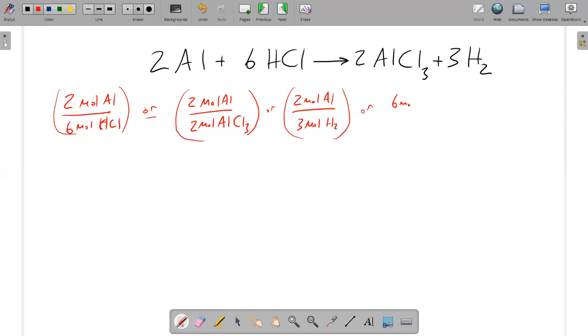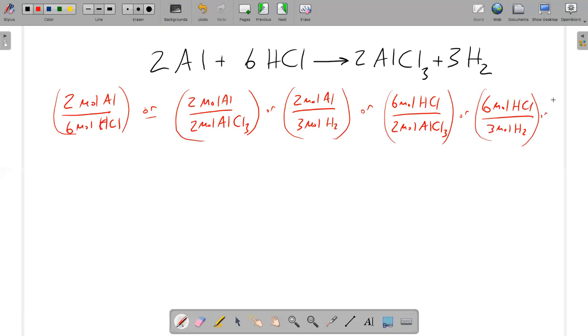You can have 6 moles of HCl to every 2 mole of aluminum chloride. You could have 6 mole of HCl to every 3 mole of hydrogen. And then the last one is 2 mole of aluminum chloride to every 3 mole of hydrogen.